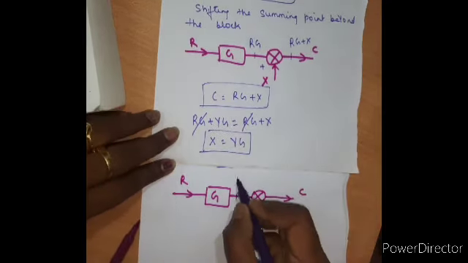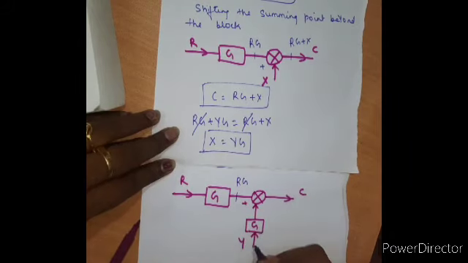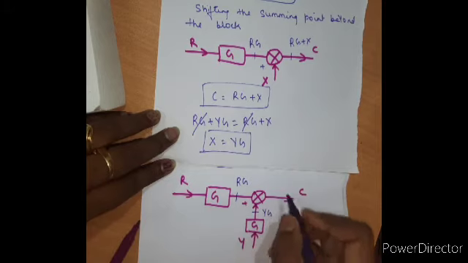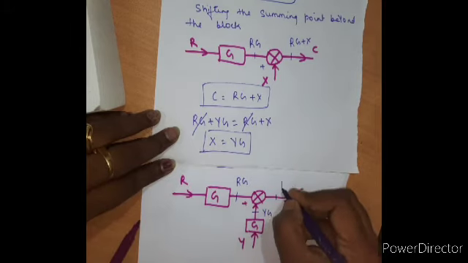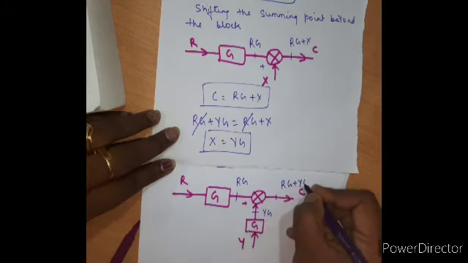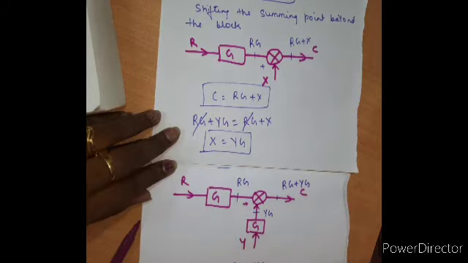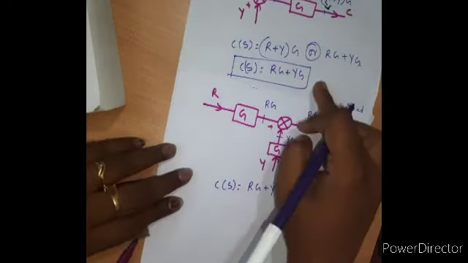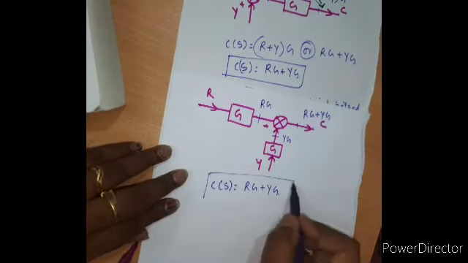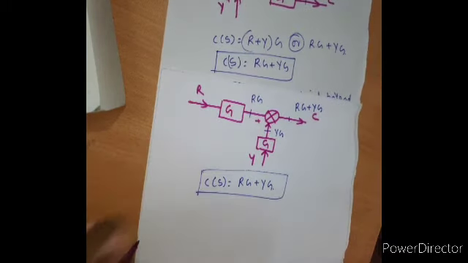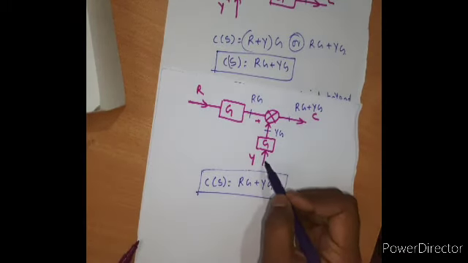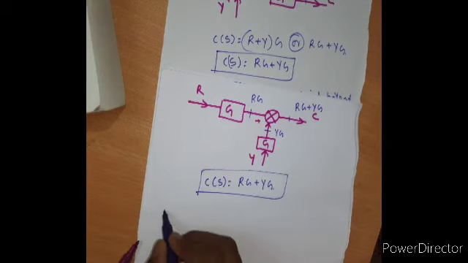Here it is R into G. Here Y is Y into G, it is a product. At the output what I will get is RG plus YG. So C of S is equal to RG plus YG. Is it same as your first equation? Yes. In order to get that same, you have to multiply the block with G. Okay, note.